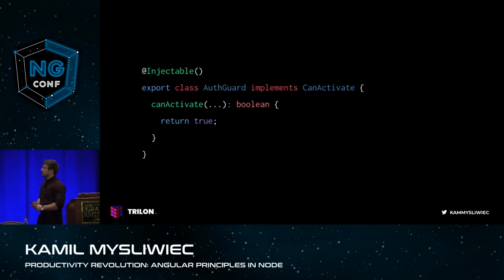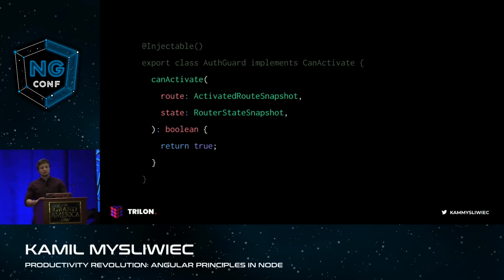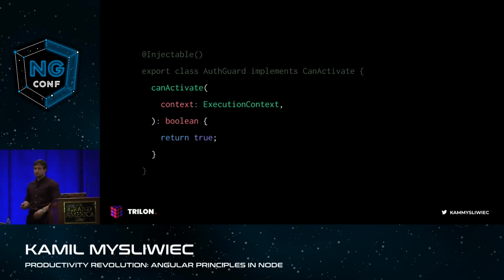This is the authentication guard, a typical authentication guard in Angular. It implements the CanActivate interface, it has an Injectable decorator, and then we have obviously the canActivate method. And canActivate has a list of parameters, respectively ActivatedRouteSnapshot and RouterStateSnapshot. However, in server-side applications, we don't need both of them.